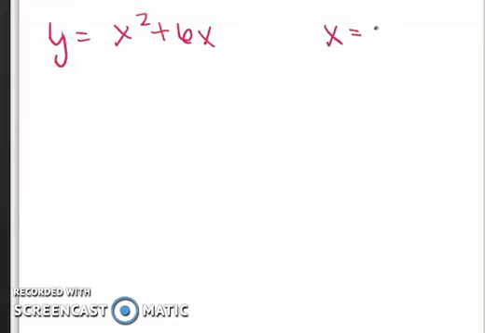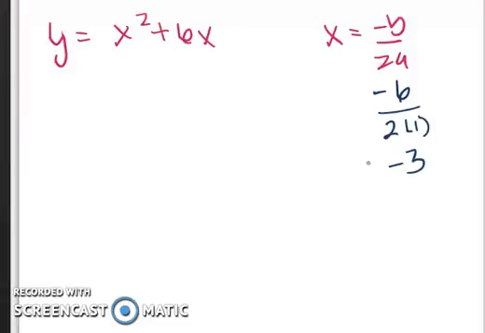Last problem. I know. These are a doozy. Let's do one last one. Let's do a little bit easier one, I suppose. Maybe not. Okay, x equals negative b over 2a. Alright, the b is negative 6 over 2 times 1.